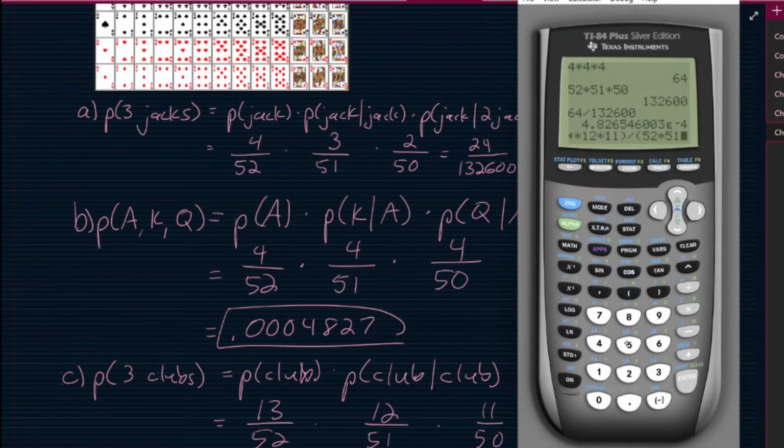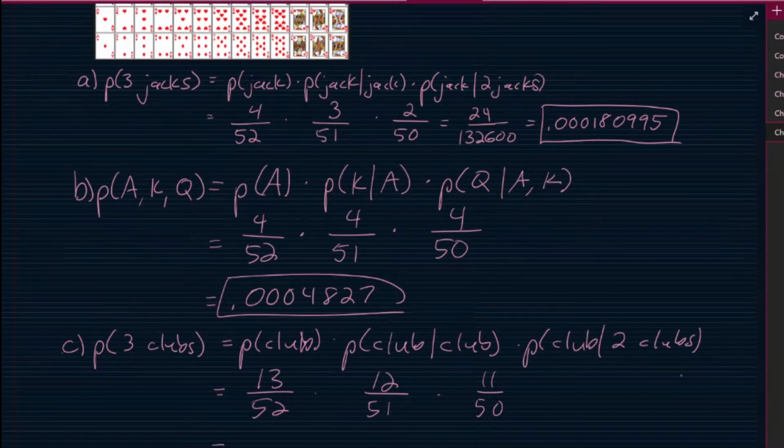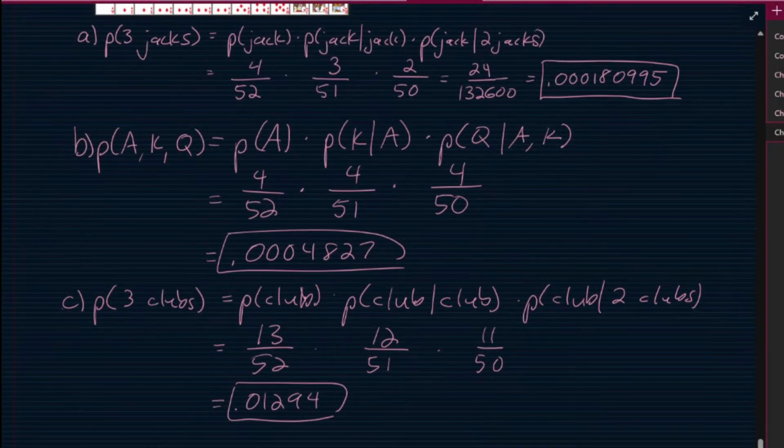It's 0.01294, which is higher than the other two. Looks like they're actually going in order of least likely to most likely in this question.